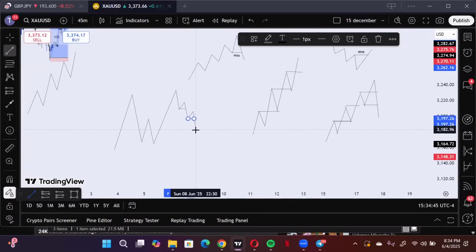So when this keeps happening, lower highs, lower lows, lower highs, lower lows. All these are single break of structures.